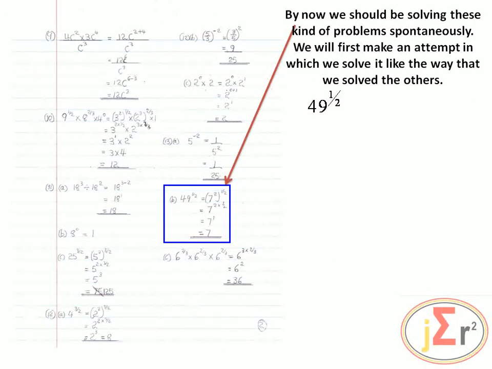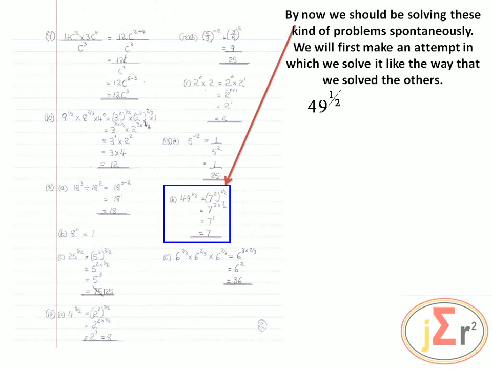By now, we should be solving these kinds of problems spontaneously. We will first make an attempt in which we solve it like the way that we solved the others. So we have 49 to the power of a half. How did we solve the others?